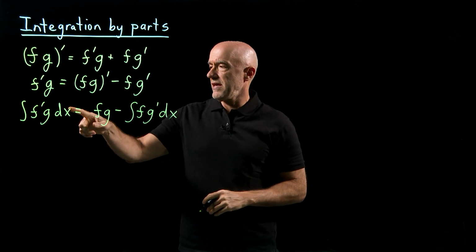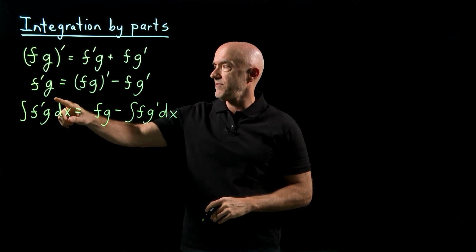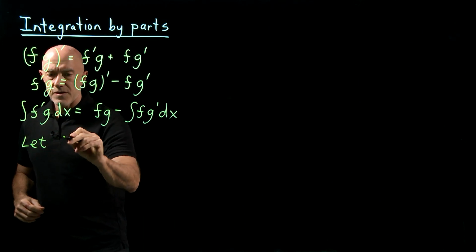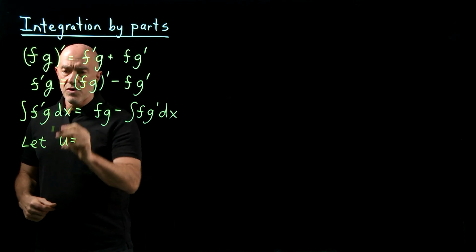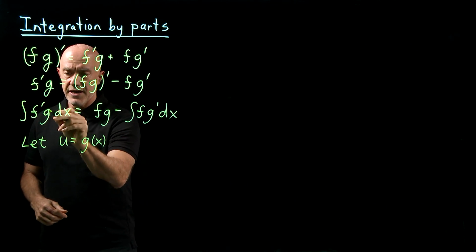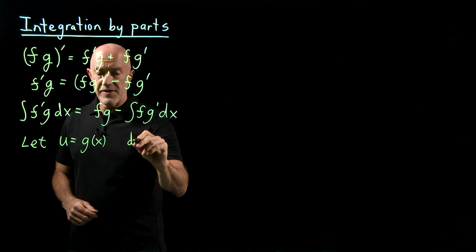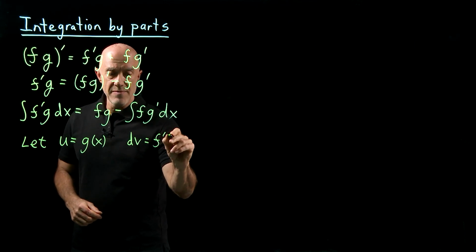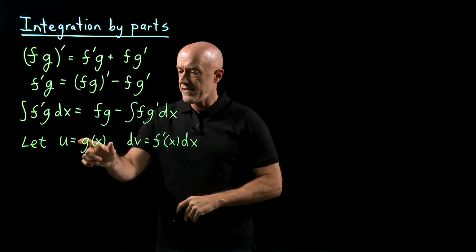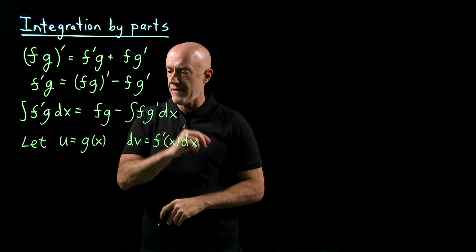Okay. The usual way of doing this, if we wanted to integrate f prime g dx, is to let u equals g of x, this piece here, and then dv equals f prime of x dx. Okay, so we identify u dv as g times f prime dx.